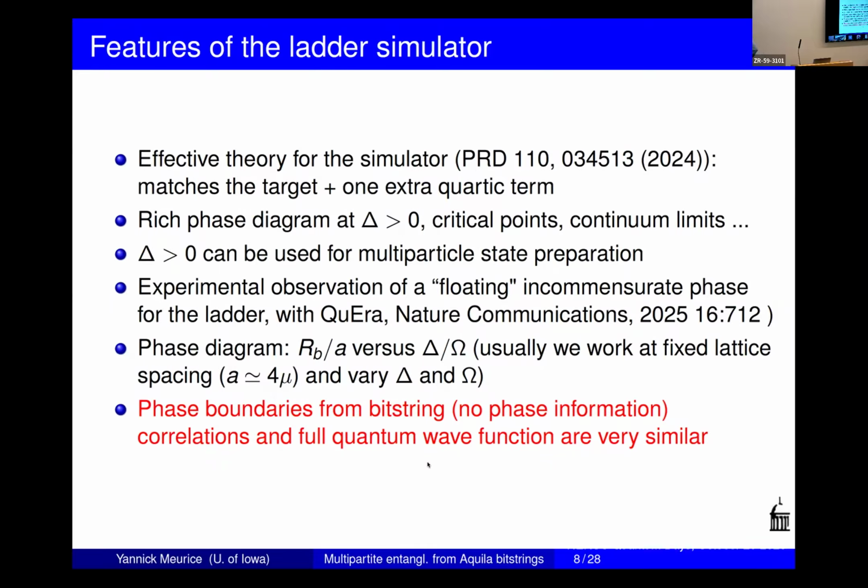One observation that I made in this process is that the phase boundaries in this phase diagram obtained with the bit strings and obtained with the full wave function, so with the DMRG, are very similar. You lose the phase information when you use the bit string, but the two phase diagrams are very similar.